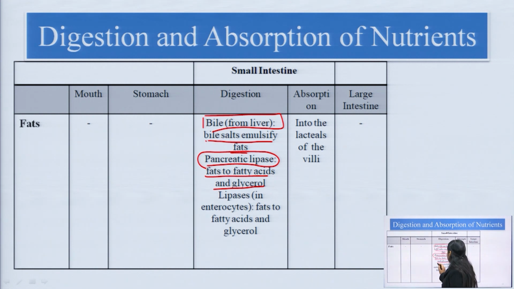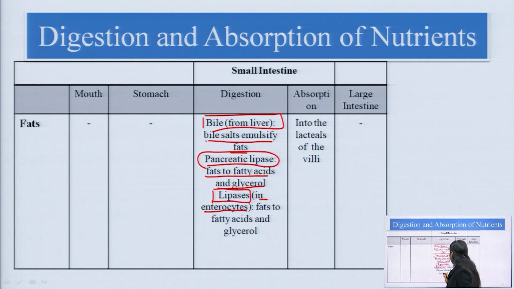Lipase is one enzyme here in the enterocyte cells, means the small intestine itself. So, we have covered here one product, that is the bile salt, which is present in the bile juices coming from the liver. It is metabolizing the fat. The second thing, the pancreatic lipase, which is from the pancreatic juices, it is metabolizing the fats, and in the small intestine itself there is one enzyme lipase present.